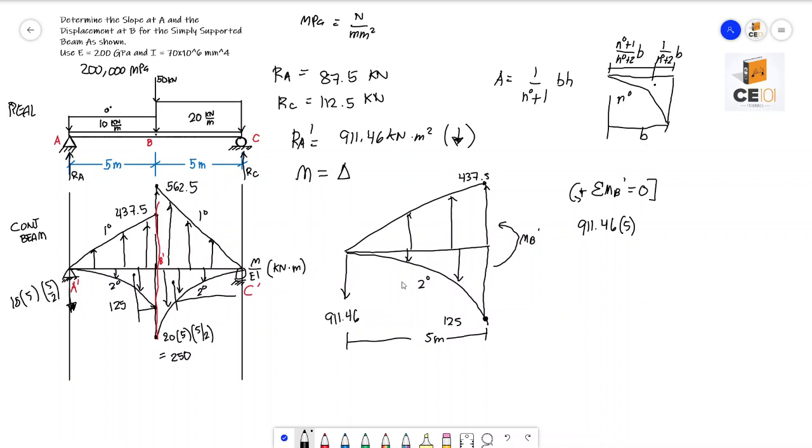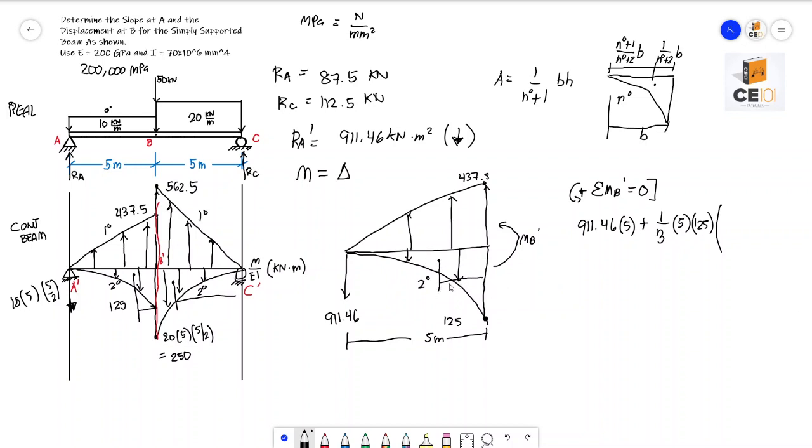Tapos next is yung 2 degree curve. So tandaan yung formula. 1 over nth degree plus 1. So 1/3 times base 5 times height 125 times yung moment arm. So yung moment arm niya is papunta dito.